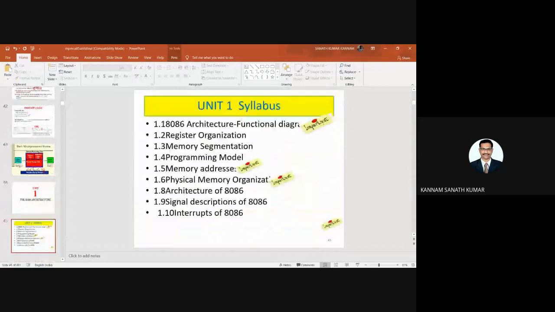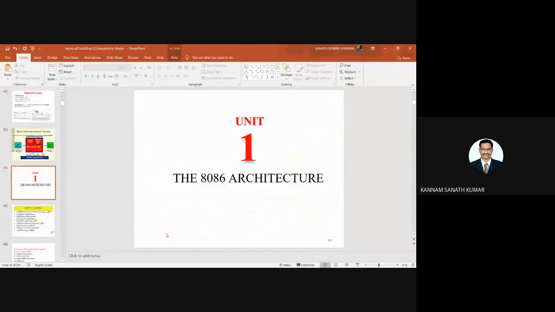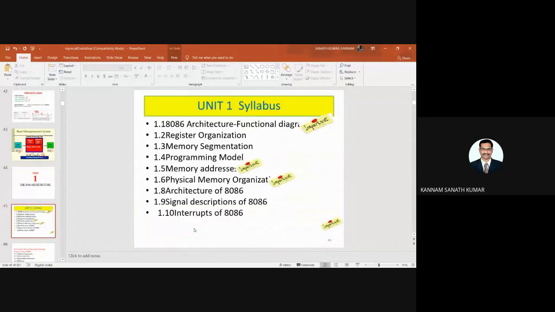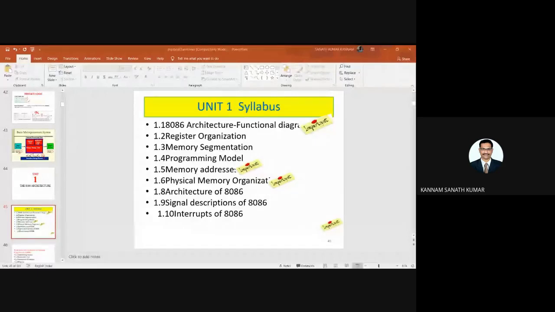So this is our first unit, the 8086 microprocessor. In this we are going to study the 8086 functional diagram, register organization, memory segmentation, programmer's model, memory address, physical memory organization, architecture of 8086, signal description, and interrupts.